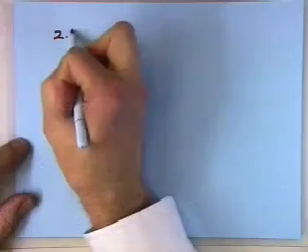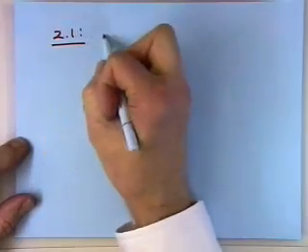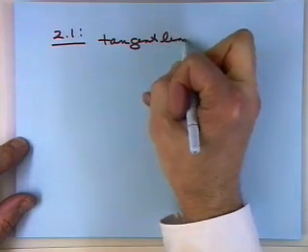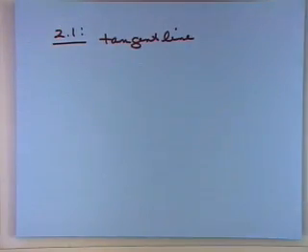As we start talking about calculus, we start talking about a tangent line, and more specifically the slope of that tangent line.